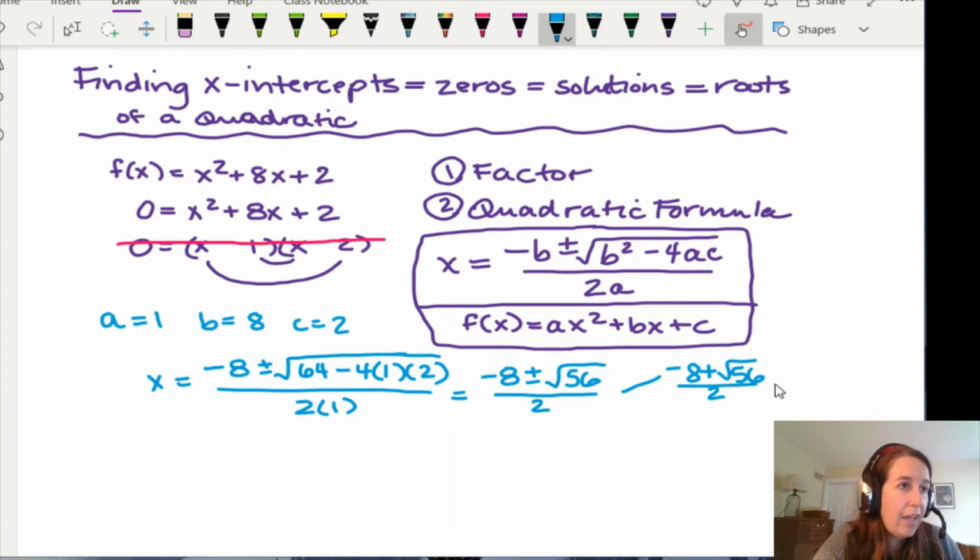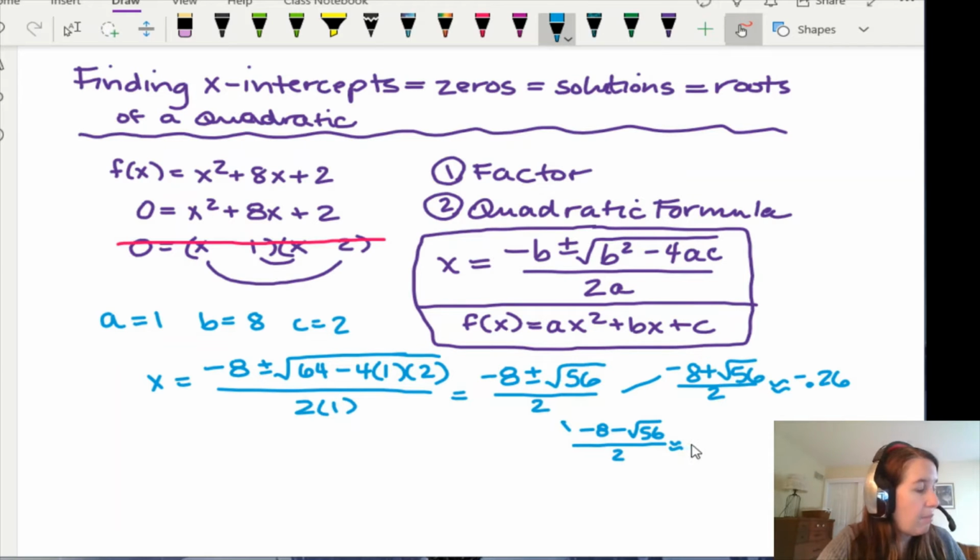What you'll get if you do that is about -0.26. You would also then type in -8 minus the square root of 56, then divide by 2, and you will get about -7.74.